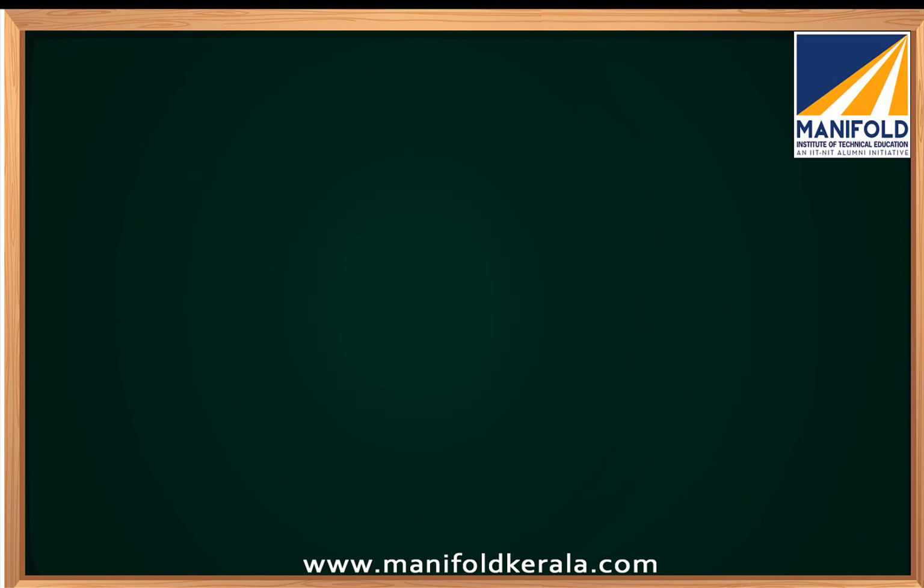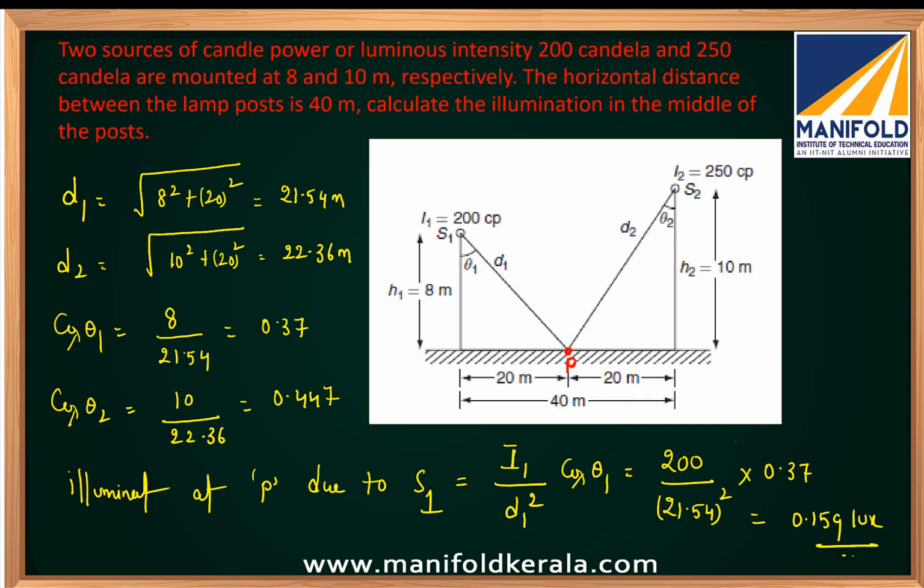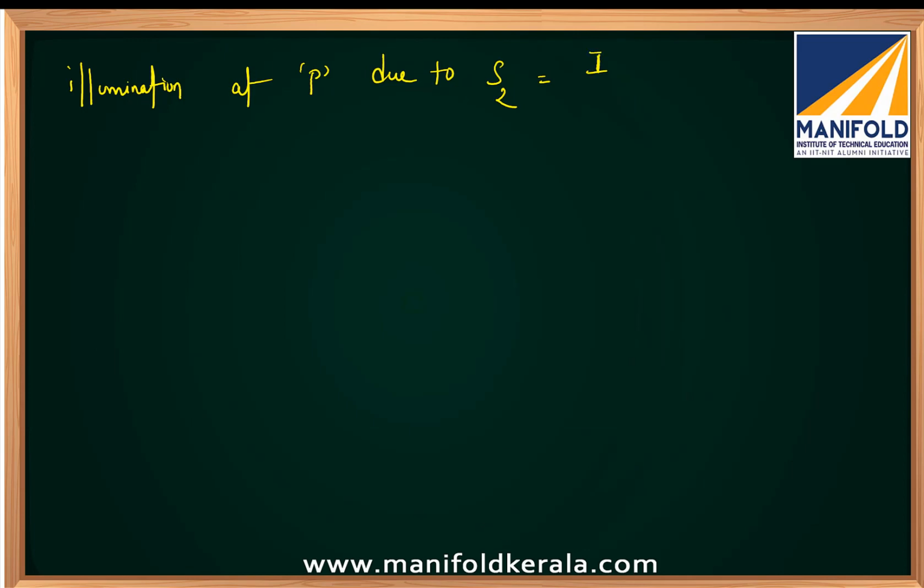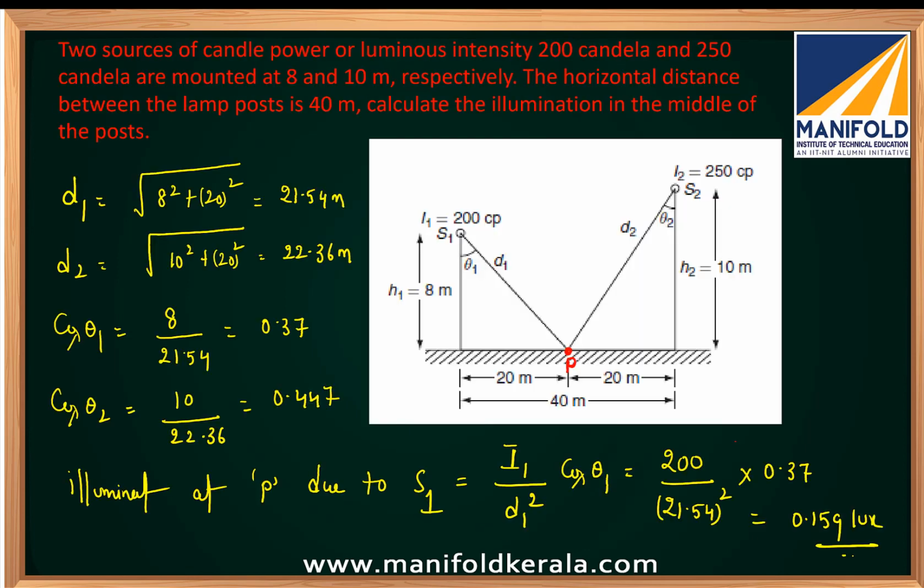Now similarly, illumination at point P due to source 2 is given by luminous intensity of source 2 divided by D2 square into cos theta 2. So if you substitute, what is the luminous intensity of the second source? 250 candle power, and the D2 value we have computed, cos theta 2 value also we have computed.